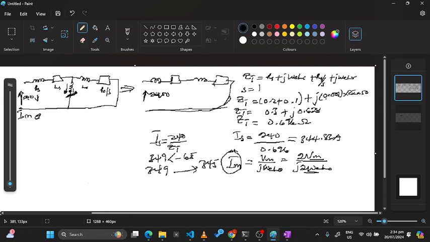So that means Im at 50 hertz should be equal to the magnetizing current Im at 1 hertz. I hope that makes sense. So what we are going to do now, we are going to look at the system at 1 hertz.